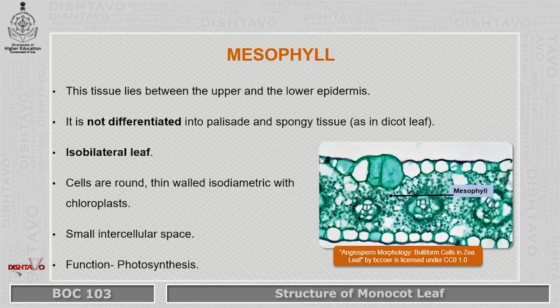When the leaf is not divided into upper palisade and lower spongy, we call such leaves isobilateral leaves. The cells of this region are thin walled, round and isodiametric, meaning they are equal from all the sides. They contain chloroplast. The cells have very small intercellular space. The main function of this region is photosynthesis.